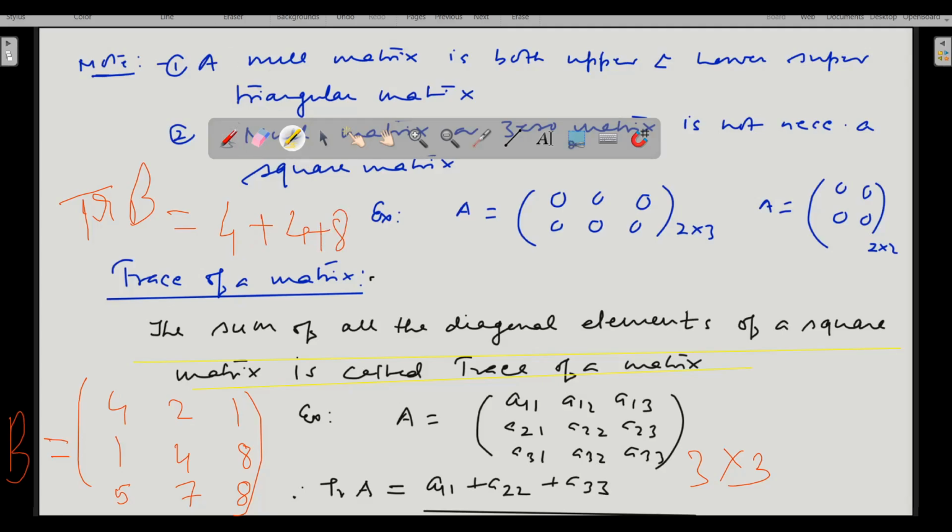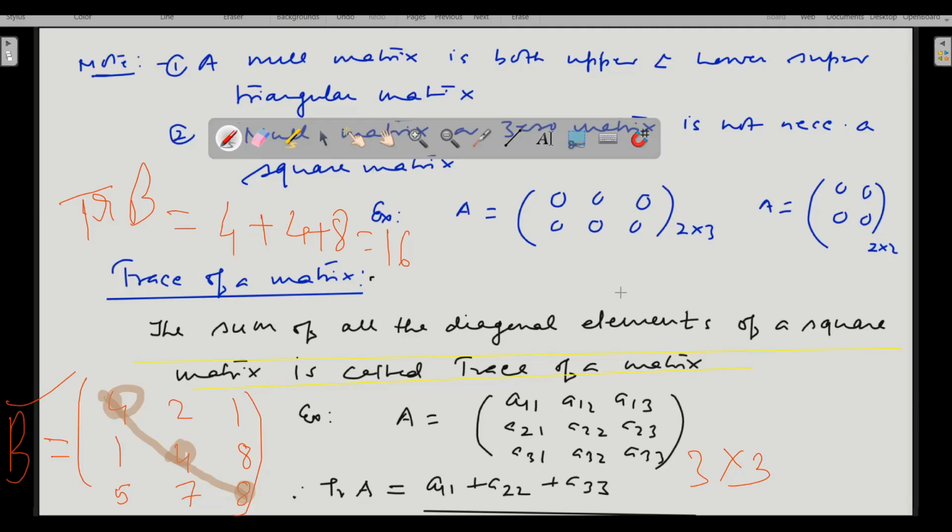The diagonal elements are as follows: this 4 is a diagonal element, this 4 is a diagonal element, and this 8 is a diagonal element. So 4 plus 4 plus 8 is equal to 16. So the trace of this matrix B is 16.